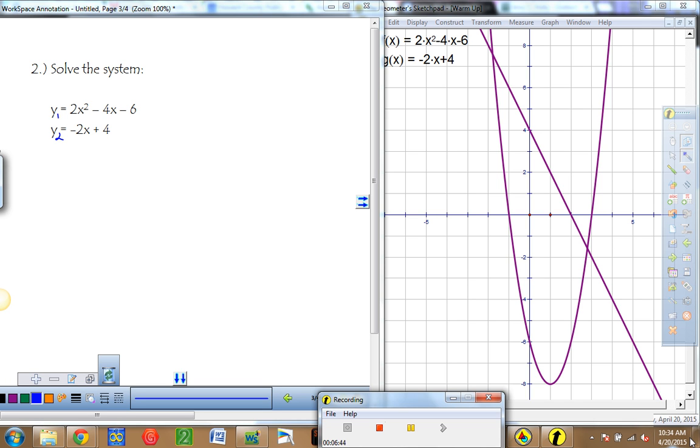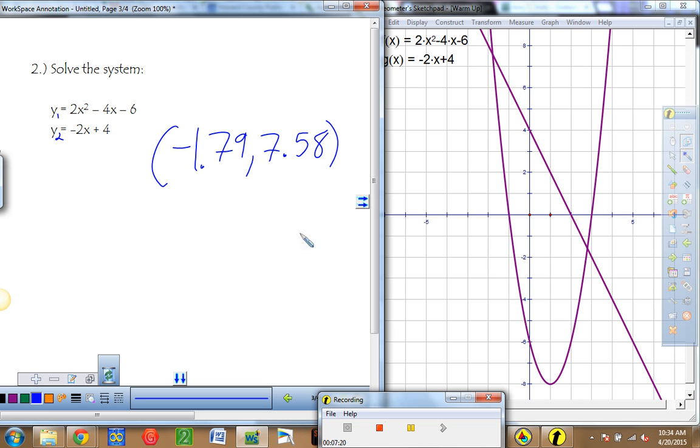So what does she want us to hit? Yeah, you hit second trace. Did anybody get that point right there? Hey, you hit second trace on what?